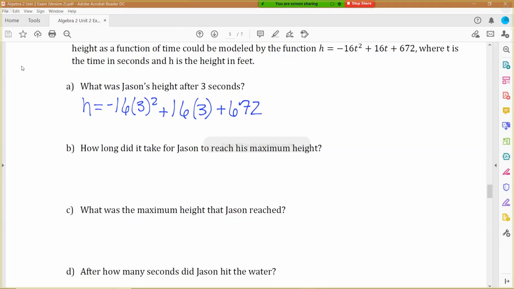Again, I can never stress enough, watch out for these negatives, don't leave them out. So Jason's height after 3 seconds would be 576 feet.